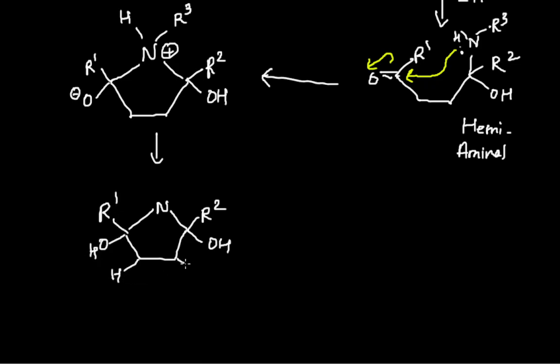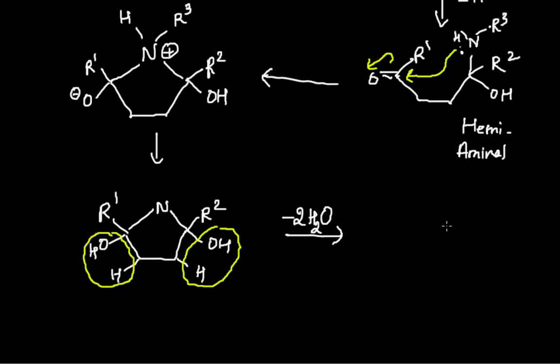Next is your double condensation. So these two groups will condense, and 2 molecules of water are eliminated to give you an aromatic pyrrole.